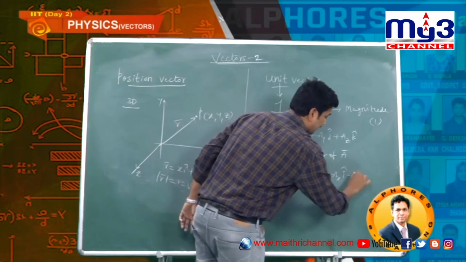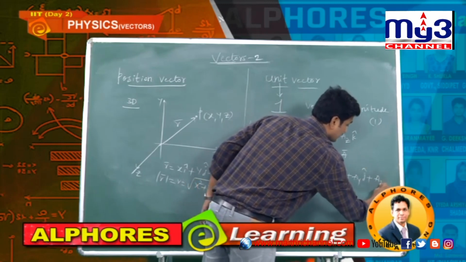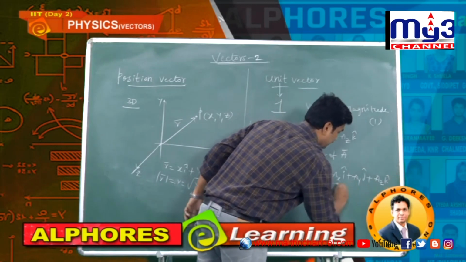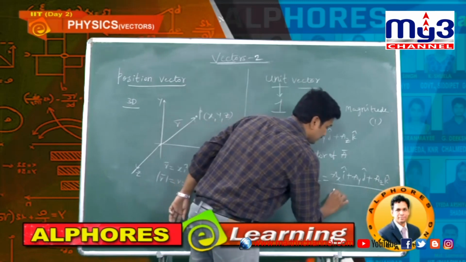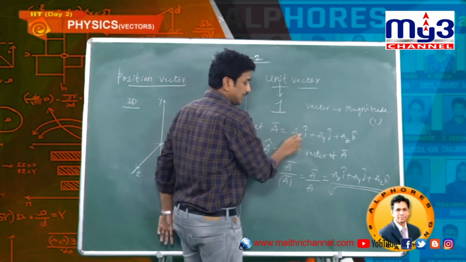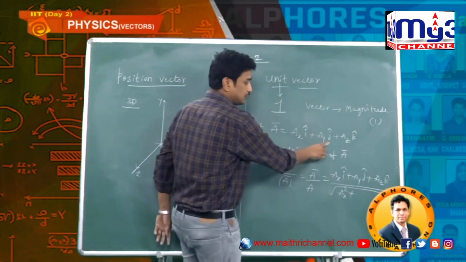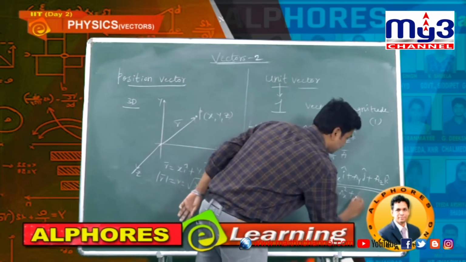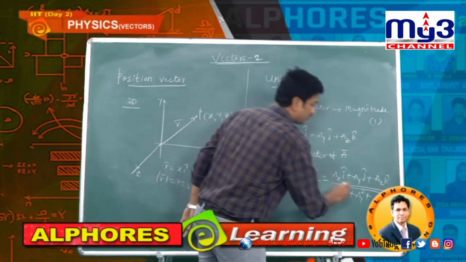Ax i cap plus Ay j cap plus Az k cap, divided by the magnitude of A bar, which is under root i cap coefficient whole square plus j cap coefficient whole square plus k cap coefficient whole square.